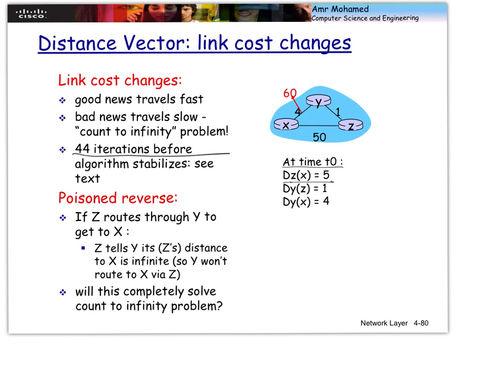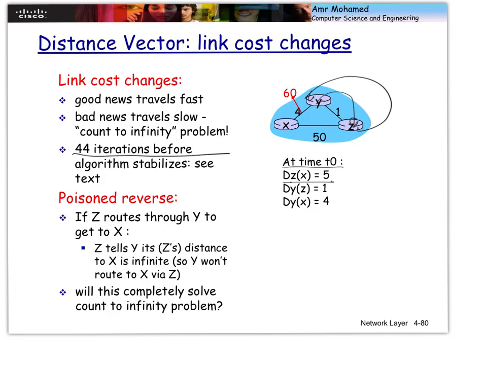Because Y will keep sending to Z to reach X. And Z will do what? Will keep sending to Y to go to X. Right? So they will keep sending to each other. They will keep juggling.